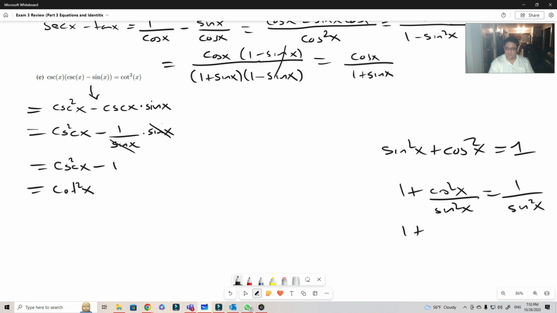And so this is 1 plus cotangent square equals cosecant square of x. That means that cotangent square of x is cosecant square of x minus 1, which is what we used over here. Okay? So that finishes this part on equations and identities.